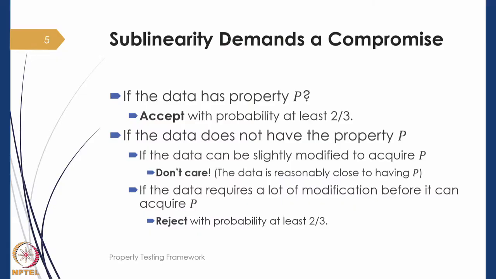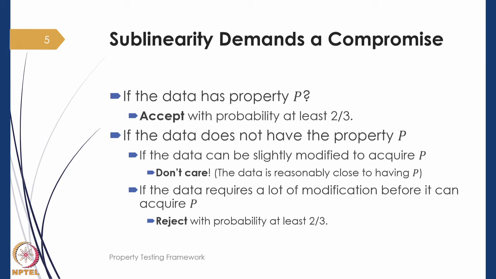On the other hand, if the data does not have the property P, we need to be a bit more careful. If the data can be slightly modified to acquire the property P, then it is going to be computationally difficult to identify the fact that this data set does not have the property P because the data set is very close to having the property P, and therefore in order to be able to design good algorithms, we simply ignore these situations.